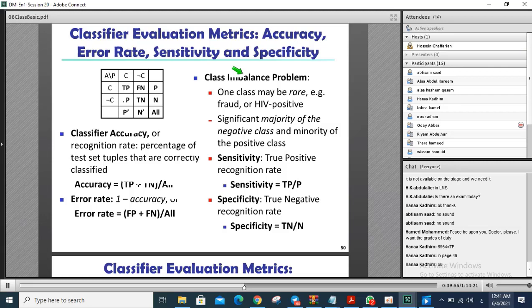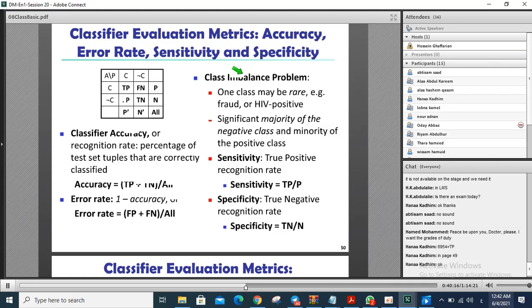For example, just 1% of people may have cancer, for example lung cancer. I don't know, but I know that their total number is very low.